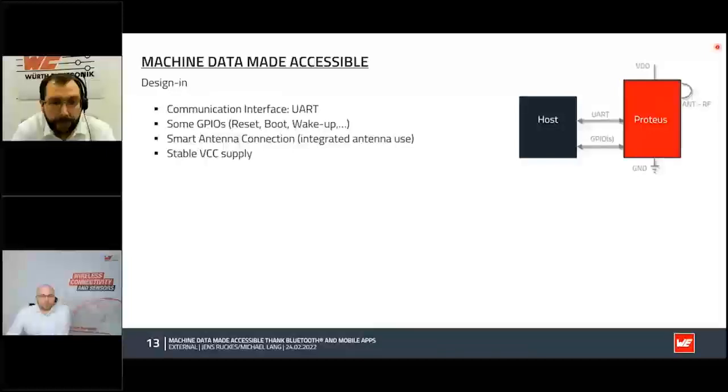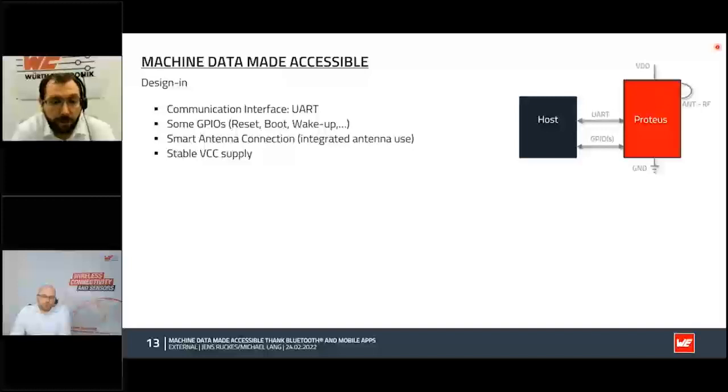Exactly. So first of all, we have again a look at the host integrations on the top right corner. As said before, we have a wired communication interface between the radio module and the host.